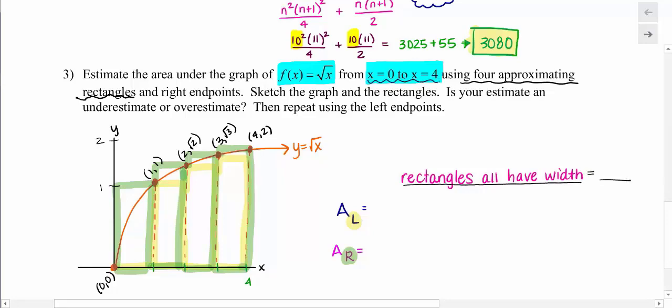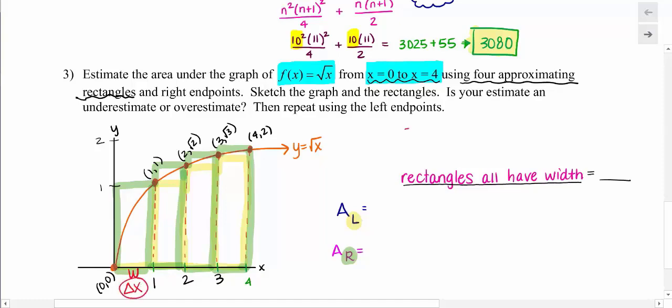So let's just think about this for a minute. If I'm going from x equals 0 to x equals 4, and I'm putting in 4 rectangles, as you see here, each rectangle has a width of 1. Well, there's actually a formula that tells me this. Since my rectangle is sort of standing up, and I'm calling this base here, or what's on the x-axis, the width, we actually are going to call that delta x, or change in x.